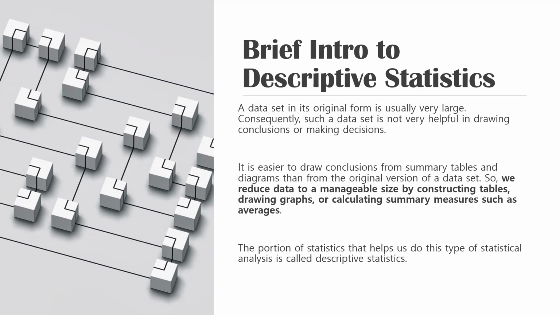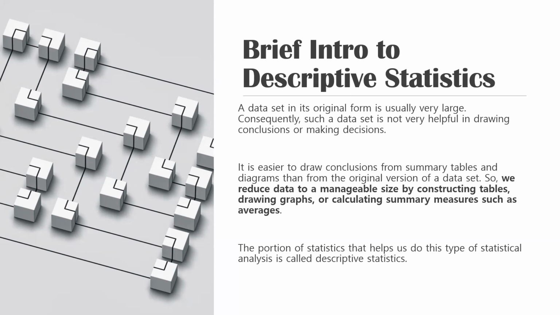It is easier to draw conclusions from summary tables. So you summarize your data and you draw diagrams so that we can reduce the data to a manageable size, and we can calculate summary measures such as averages, right?